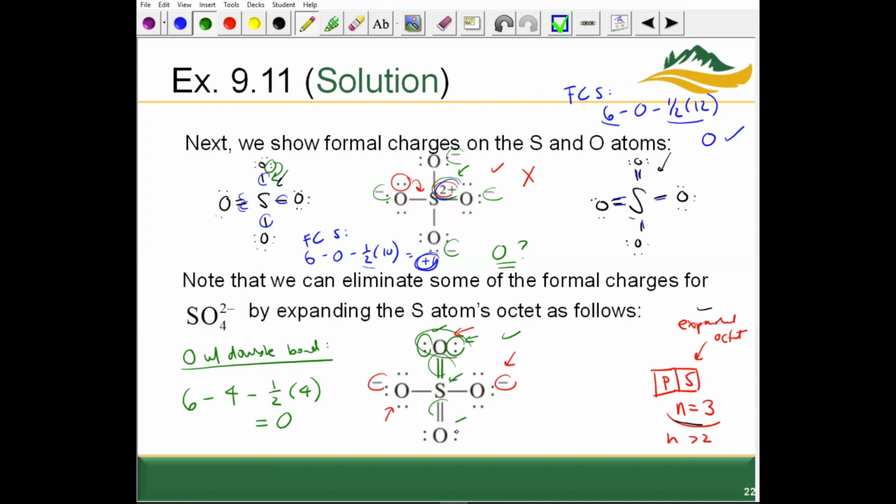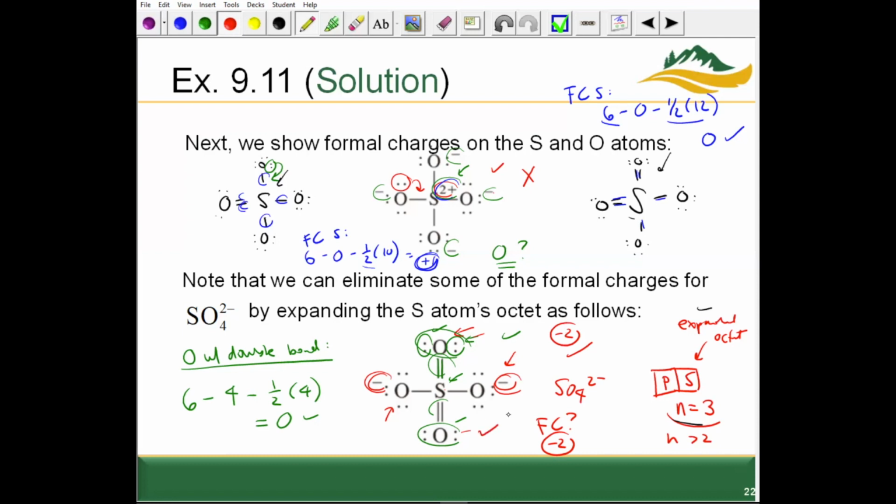These oxygens with double bonds also have formal charges of 0. Do all the formal charges still sum up to 2 minus because we're dealing with a sulfate ion of SO4 2 minus? Well, 0, 0, and 0, and then -1 and -1. Yes, that does total up to a charge of -2.